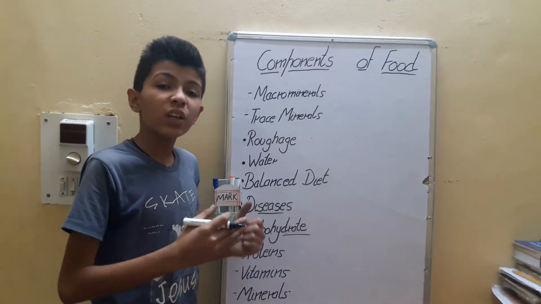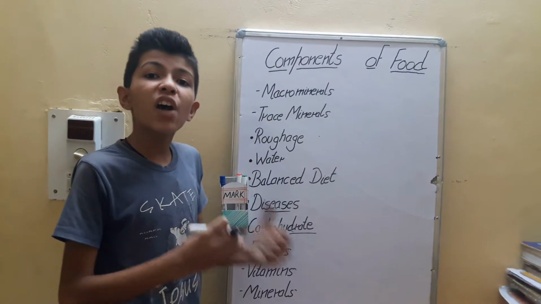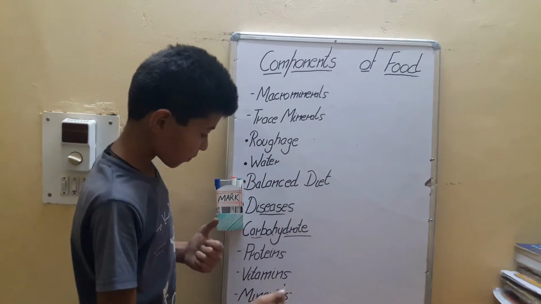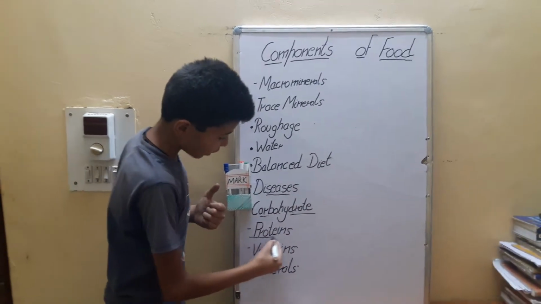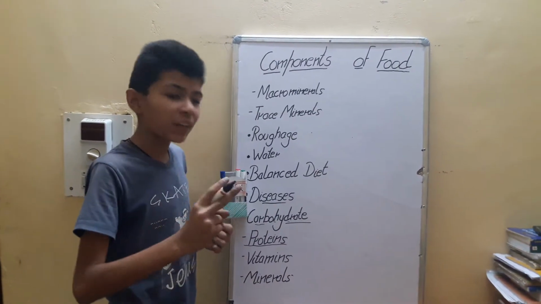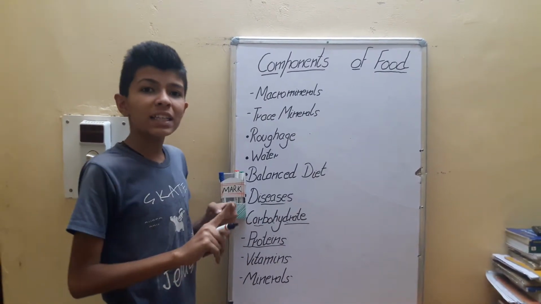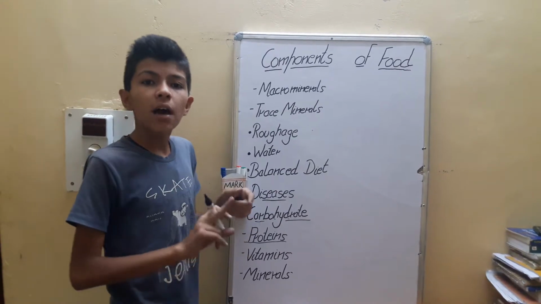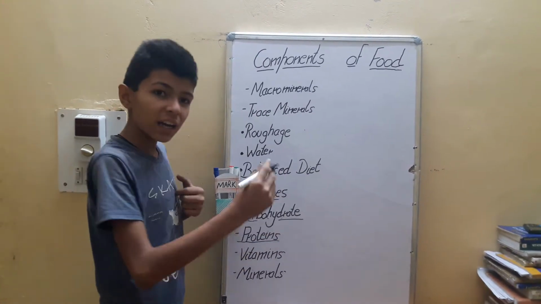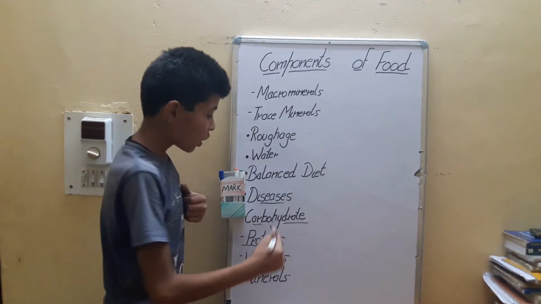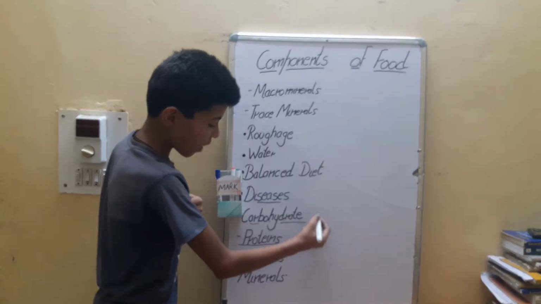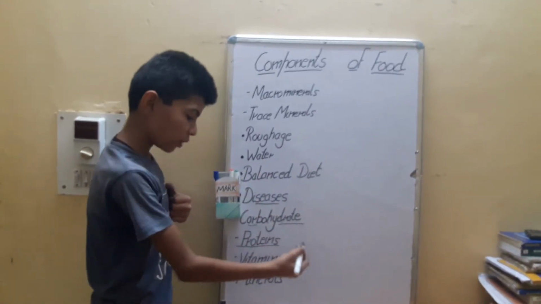That's why when you are tired, you often crave sugary drinks. Then with the proteins, there are two diseases we can get. One is Kwashiorkor and second is Marasmus. Kwashiorkor is the deficiency disease of the proteins and Marasmus is of the carbohydrates and proteins.